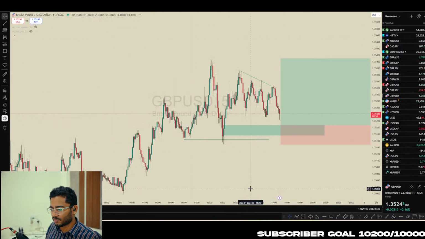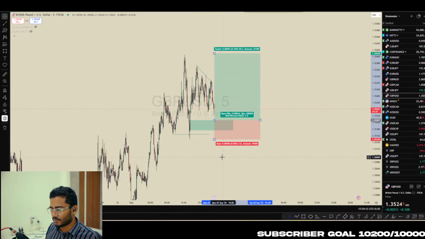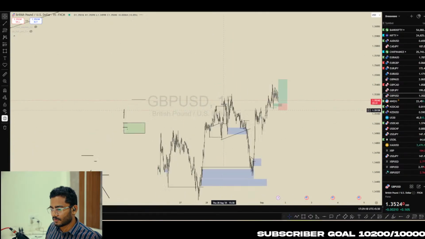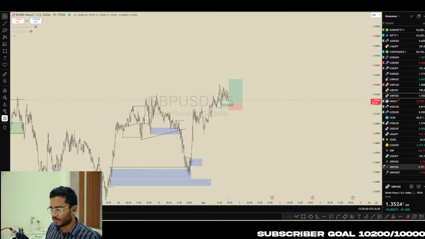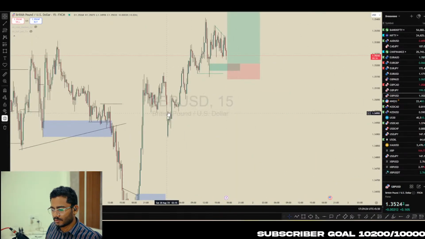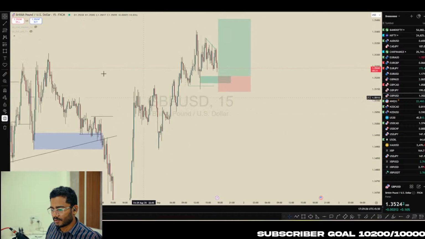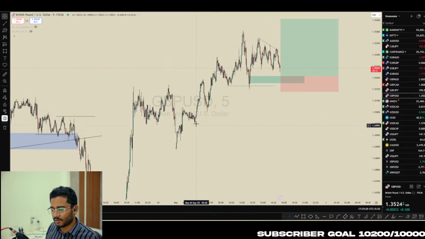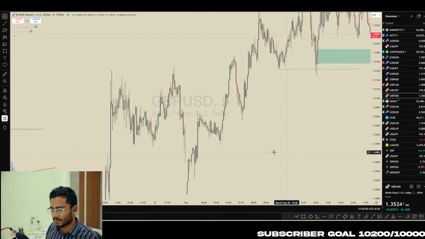So around 1 is to 3.5. Let's see what else target we have. Something like this. Here the structure has been mitigated, and there is another POI to the downside, I think, which is this one.